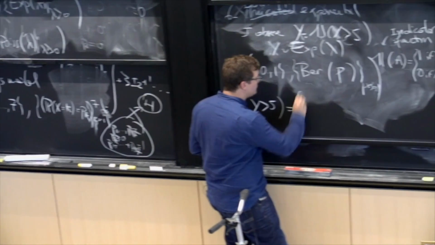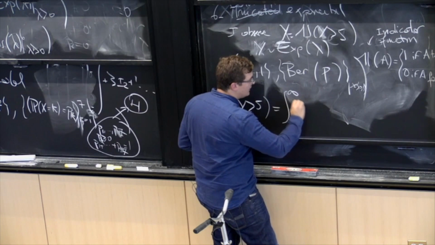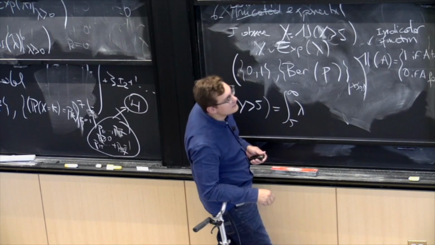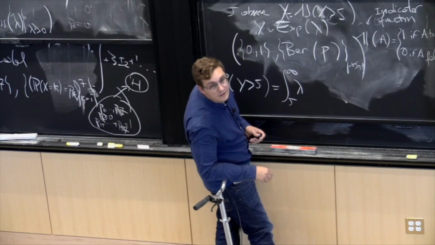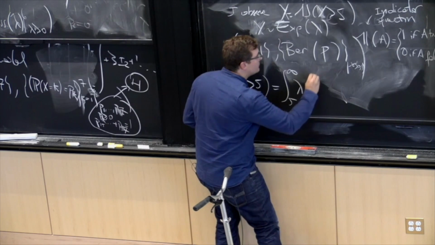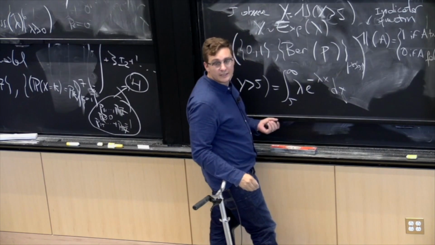Which means that what I need to compute is the integral between 5 and infinity of, what is it, 1 over lambda? How did I define it in this class? I changed it. Oh, yeah, right. You're right. Lambda e to the minus lambda x dx, right? So that's what I need to compute.